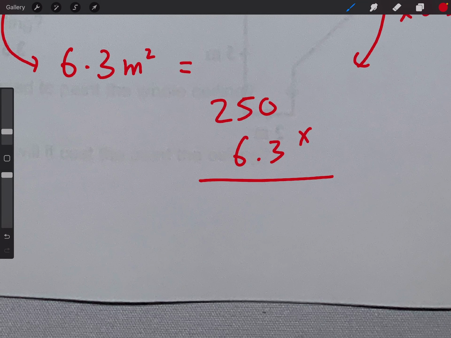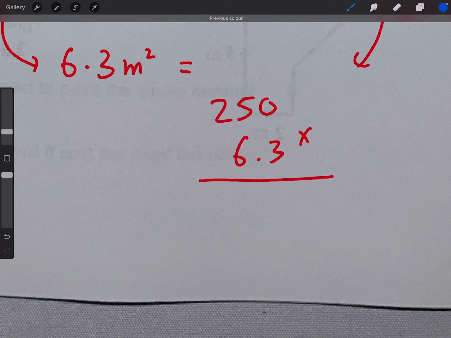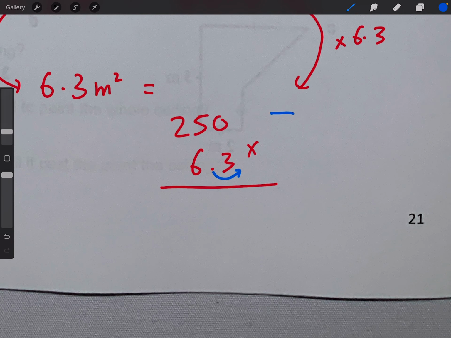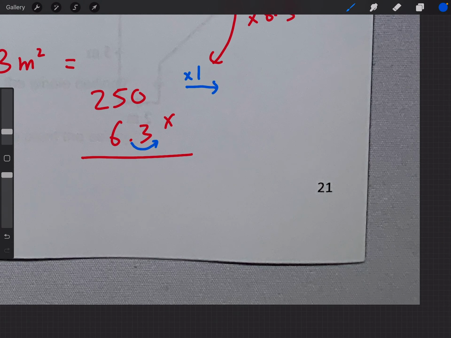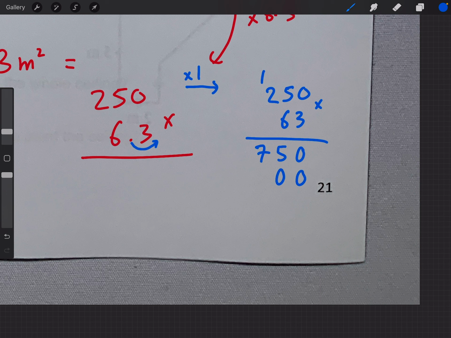Alright, I'll show you the second way to multiply decimals now. Move the decimal place to the right once. We want to make it into whole numbers. So I moved the decimal place to the right one time. So now I have 250 times 63. 3 times 0 is 0. 3 times 5 is 15. 3 times 2 is 6, plus 1 is 7. And then we put a magical 0. 6 times 0 is 0. 6 times 5 is 30. 6 times 2 is 12, plus 3 is 15.